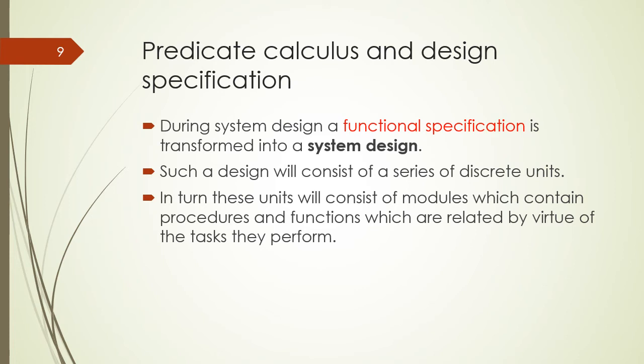And these modules contain procedures and functions which are related by virtue of the tasks they perform. While formally specifying the software design, we actually call the procedures and functions operations, and each operation may have preconditions or postconditions.